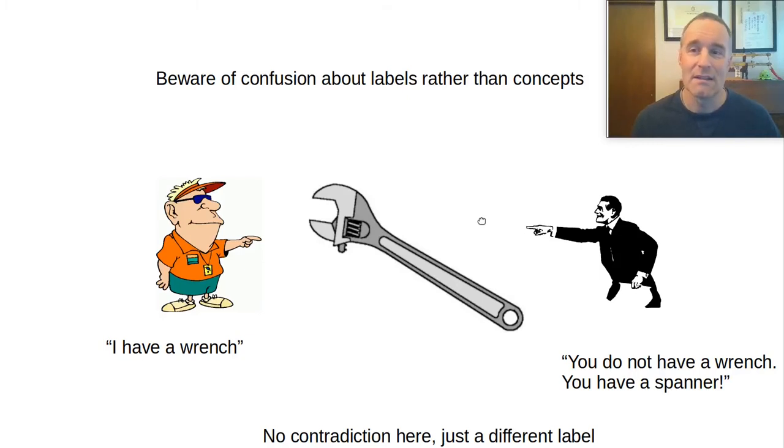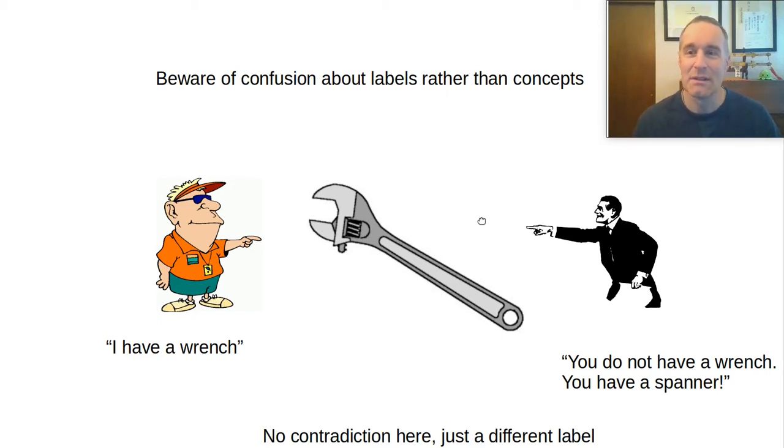Another thing is that people often mistake difference in labels for a difference in knowledge. So beware of this, right? So we have an American that says, I have a wrench, and then a British person says, no, you don't have a wrench, you have a spanner. Well, they name this thing differently, but their knowledge about the world is in fact the same. There's no contradiction here.